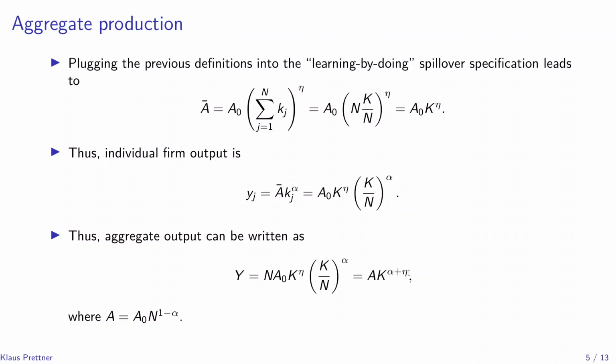And as you can see, these learning by doing spillovers in principle could overcome the diminishing marginal product of physical capital. And here we have a parameter A, that's just a constant, but you already see why this is called the AK growth model, because it leads to a production function of the form A, a constant, times the capital stock. And we will elaborate on this later on.